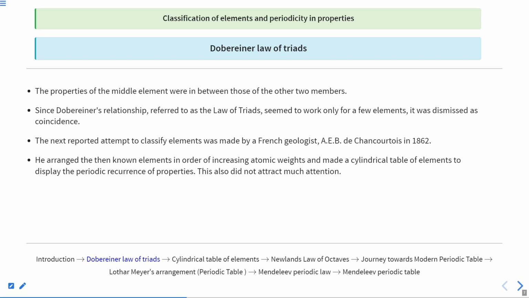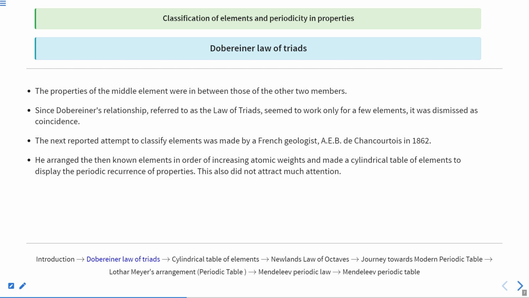What is the meaning of this periodic recurrence of properties? It means he arranged the elements in a cylindrical fashion in the increasing order of atomic weight, and he observed that in that order there is a repetition of properties when moving from lower atomic weight to higher atomic weight.